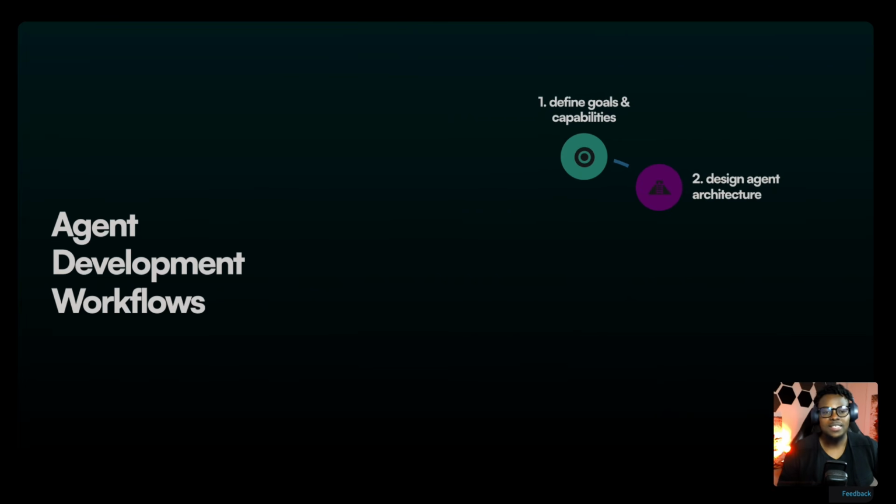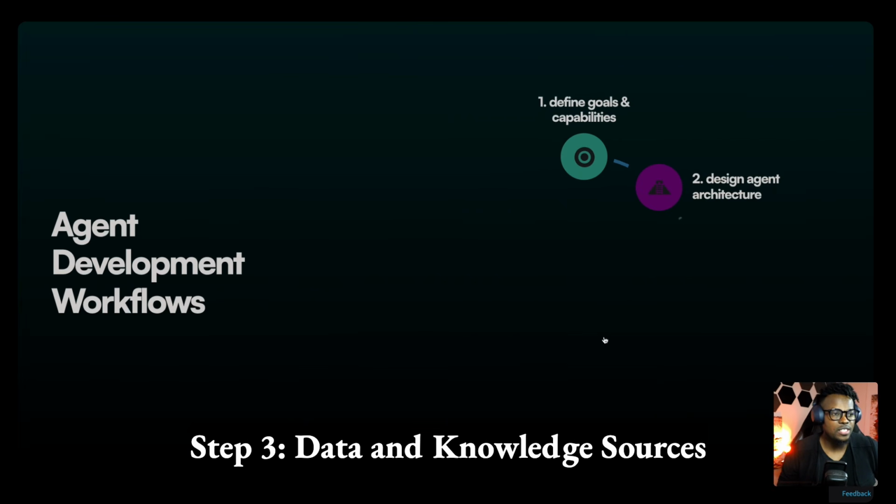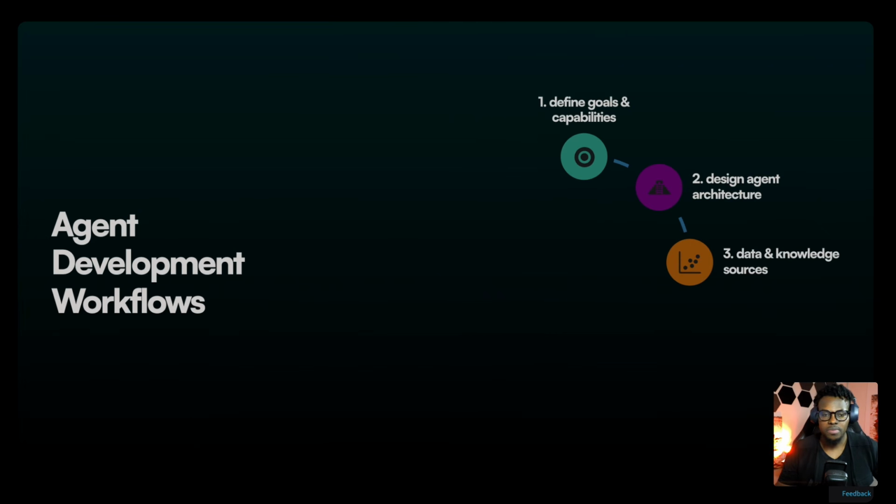So the next item we have after the design agent architecture is the data and the knowledge sources. So an agent is useless without information. And that's where the data and knowledge sources comes into play, because where does your agent get its facts from? This is where you decide that this information can be static knowledge.